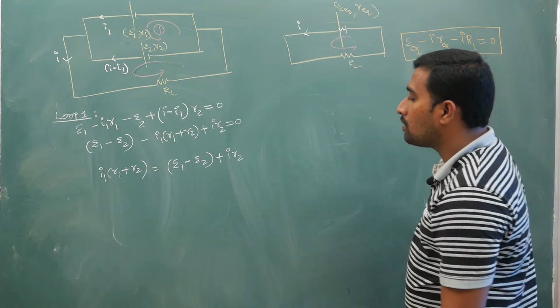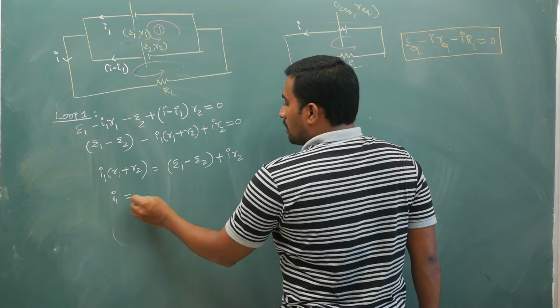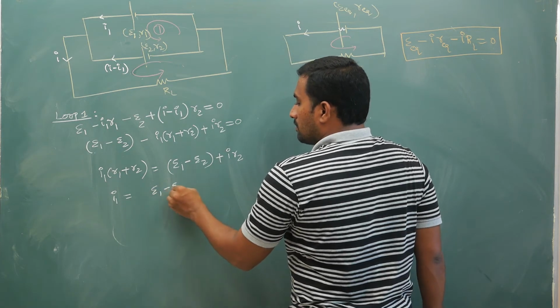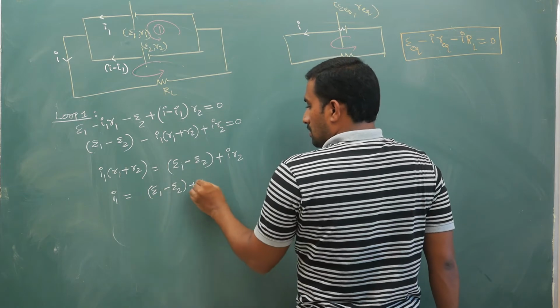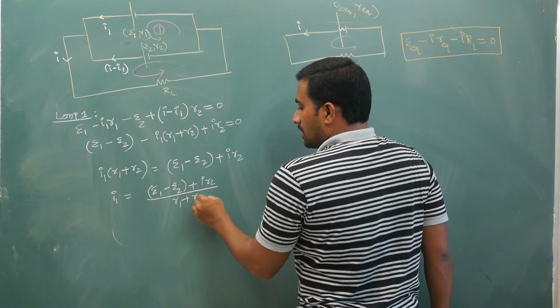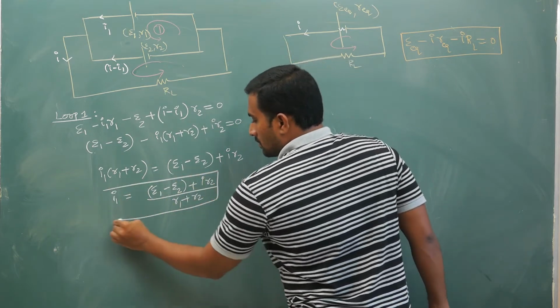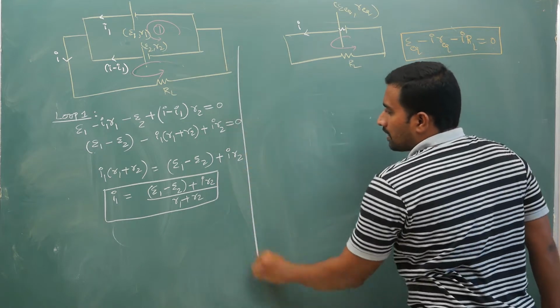Hope there is no doubt. So your I1 is (E1 minus E2 plus I R2) by (R1 plus R2). This you are getting as I1 from loop 1.